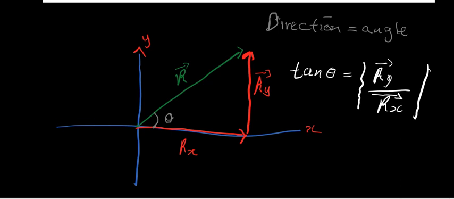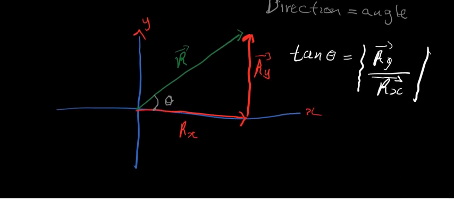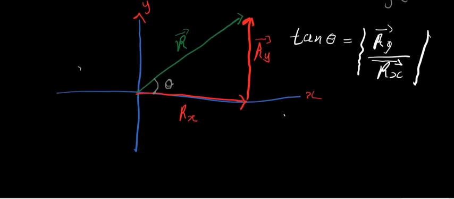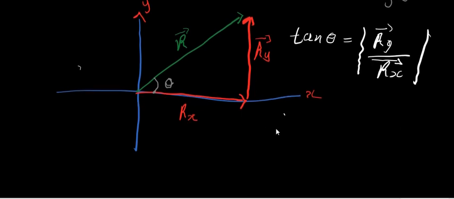Now you also need to look at the magnitude. The word magnitude just simply means the length or size. So when they ask you to find the magnitude, they are simply saying find the size.